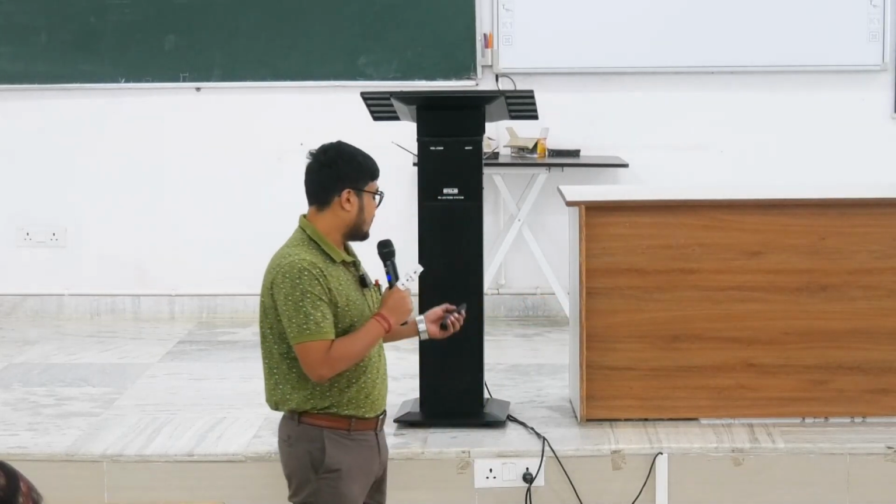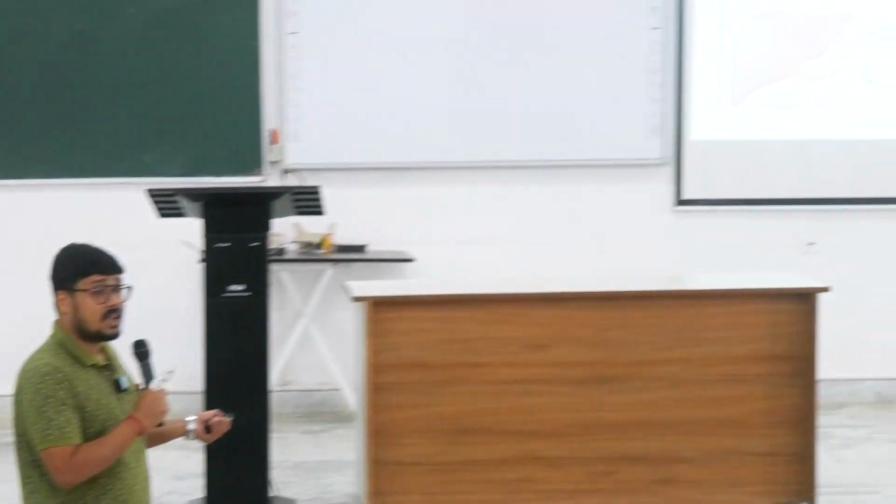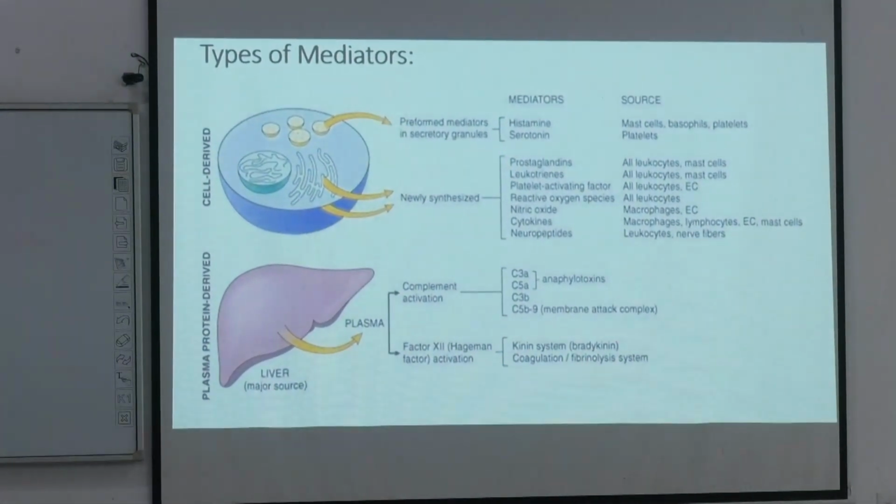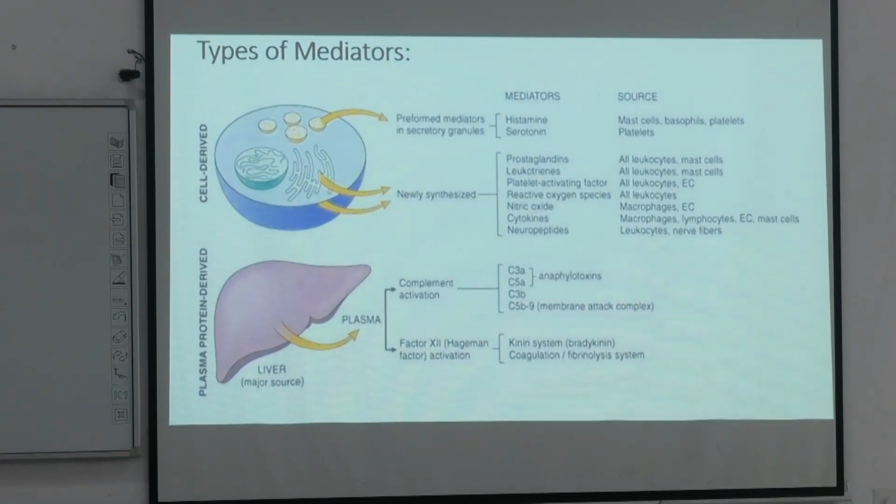Among the newly synthesized mediators, newly synthesized means at the time of inflammation, at the time of leukocyte activation, or at the time of insult to the tissue or tissue damage, these mediators are synthesized by the cell.